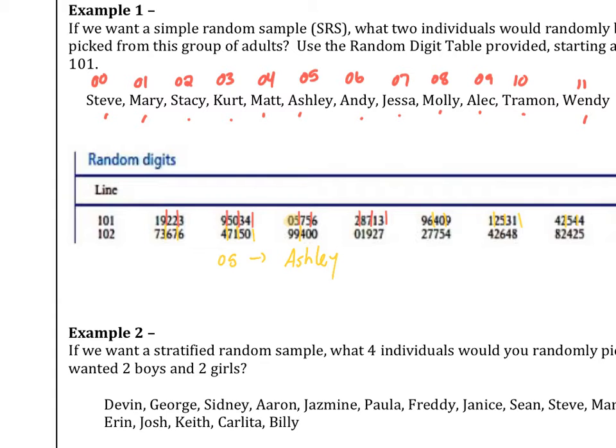Then we have 40. And then it looks like right here we get 00, which would be Steve. So we take every 2 digits in each line and keep working our way through.